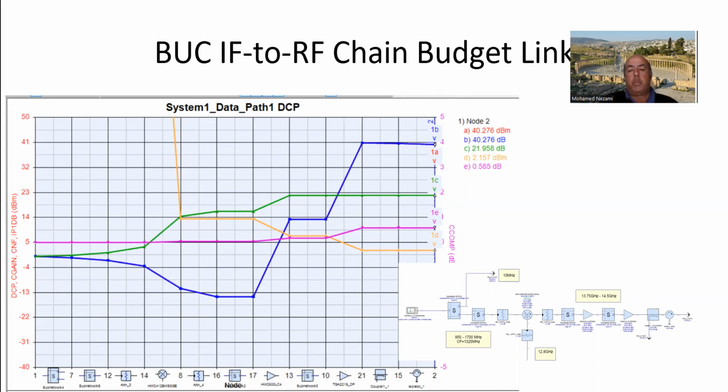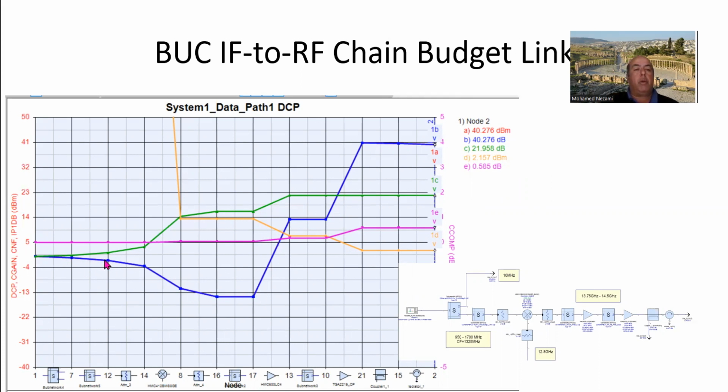IP 1 dB compression point, and then the cumulative compression value. So we can see through the chain now how the gain, by the way, because I started at 0 dBm, the IF level from the L-band modem, is overlapped with the gain because it's 0 dBm. So the gain and the desired channel power are overlapped in this trace here.